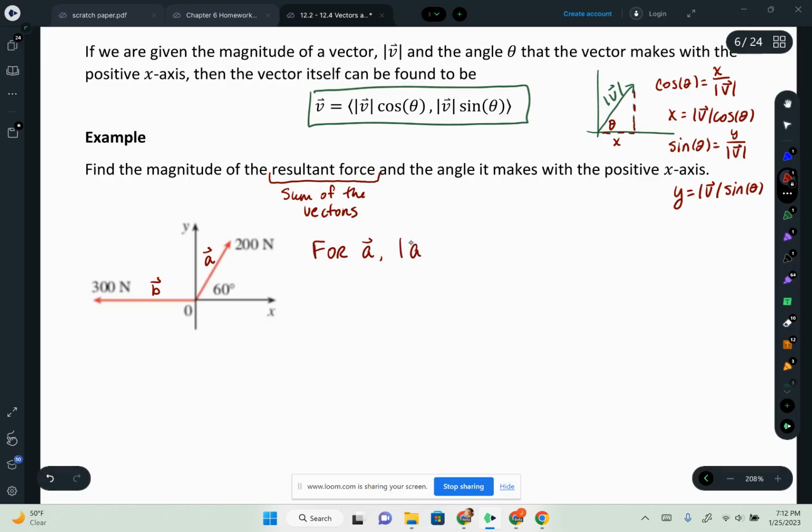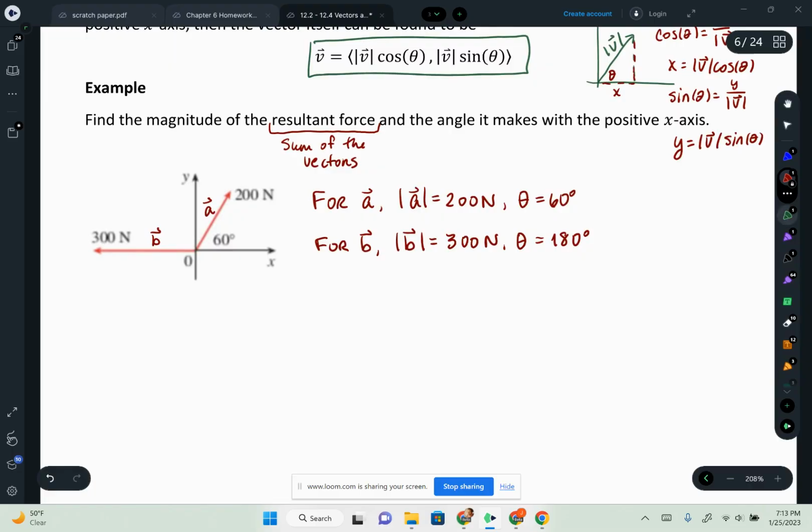We know that the magnitude of A is equal to 200 newtons. And we know that the angle made with the positive x-axis is 60 degrees. For B, it looks like it's 300 newtons. The magnitude of B is 300 newtons. And the angle that B makes with the positive x-axis is 180 degrees.